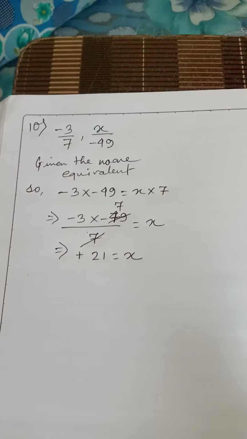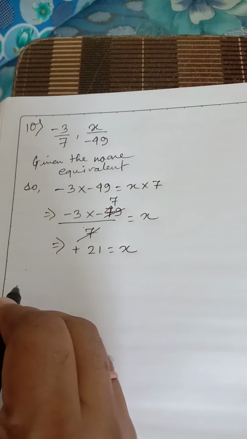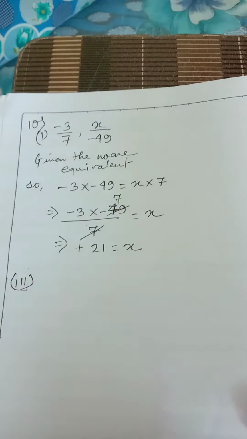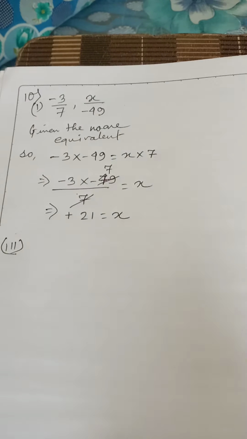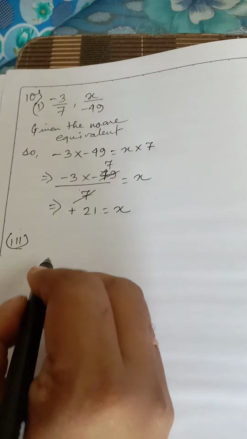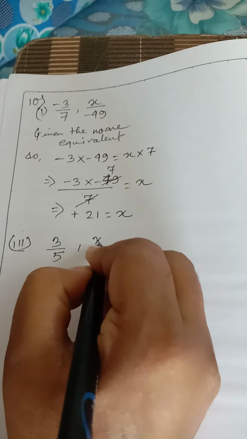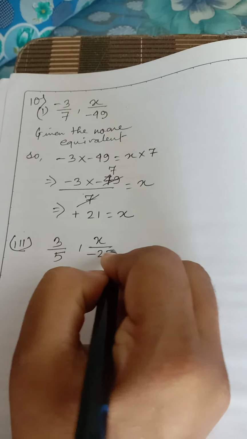Let us see question number 3. This is 10.3. It says 3 by 5 and x by minus 25.